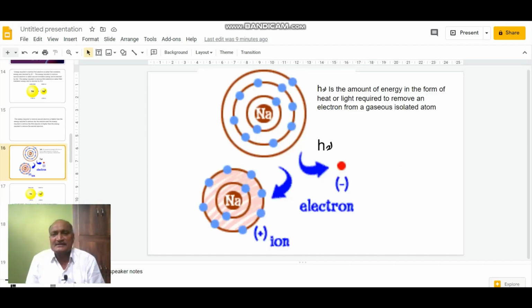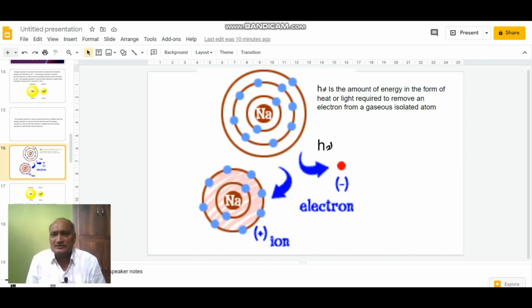Here, in the case of removal of an electron from a neutral sodium atom while converting it into a sodium cation, a certain amount of energy is required to remove the electron. H nu is the amount of energy. It is in the form of heat energy or light energy.